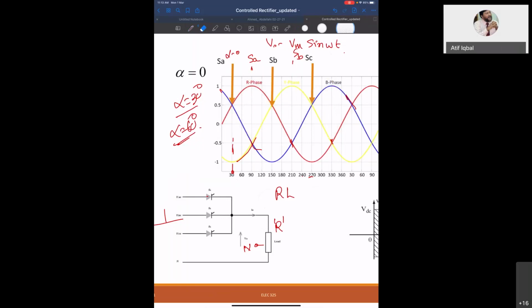Okay, so you see here what is happening: you start conducting at this point, and it will keep on conducting here. Now at this point, as you said, this will be on, yes, but you did not trigger your next thyristor. At this point you will trigger your next thyristor.